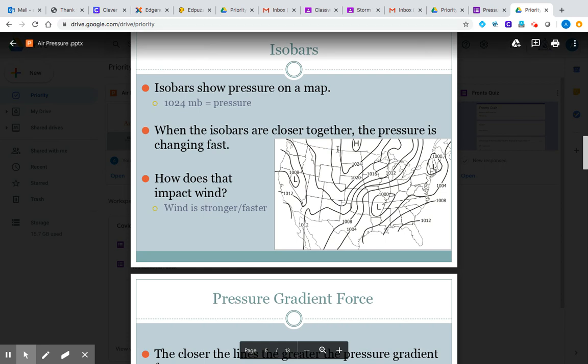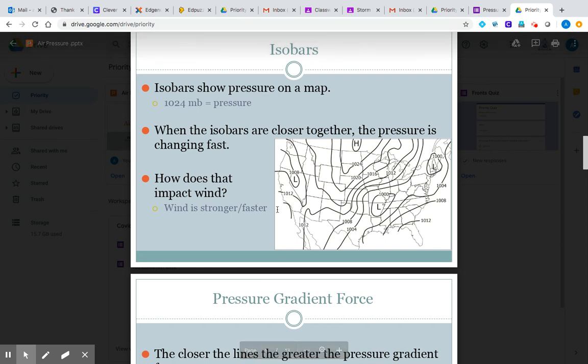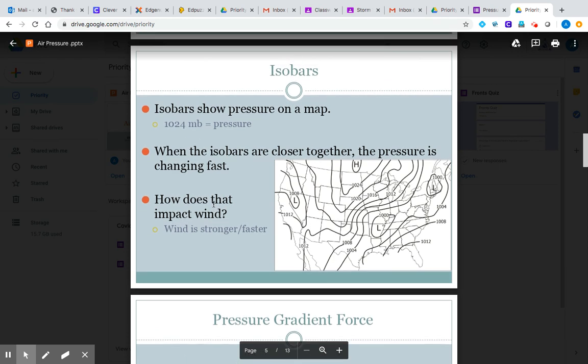So on a map, the pressure is shown through these things called isobars. So these lines on this map, this line is called an isobar, and it has this number 1008 on it.